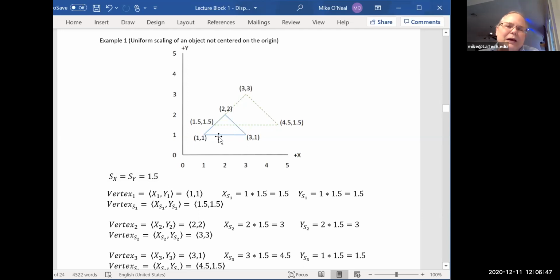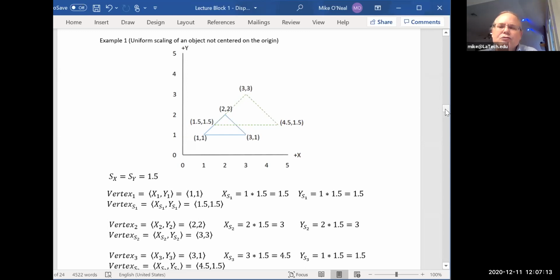The base here was 2 in length, right? Well, the base here is from 1.5 to 4.5, so it's 3. So it was 2 here, it's 3 here, that's 1.5, right? So along each of the dimensions, we've increased by 1.5.